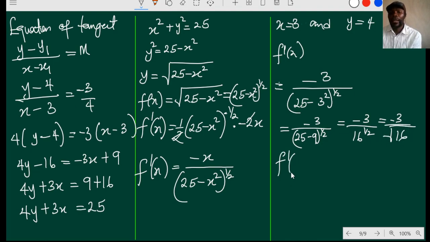So the derivative, the slope, will now be minus 3 over 4.